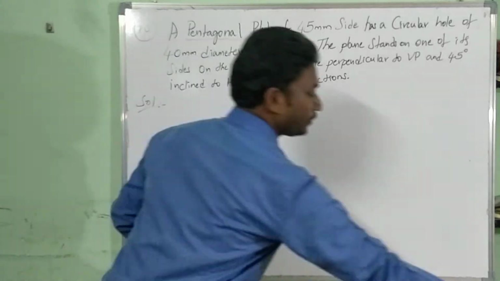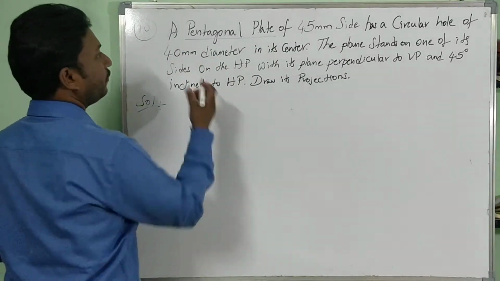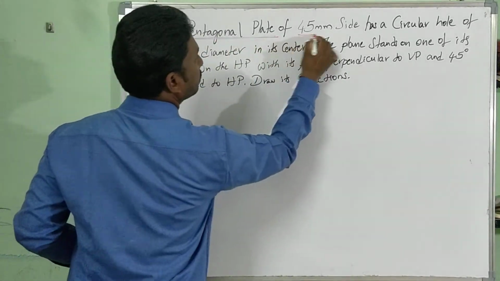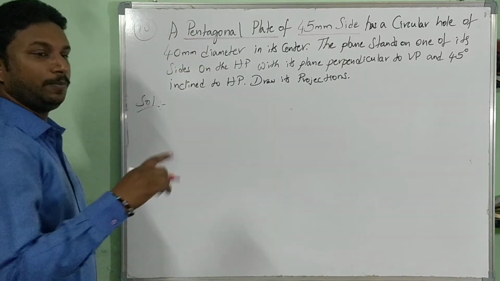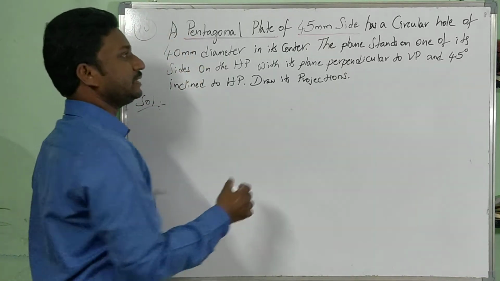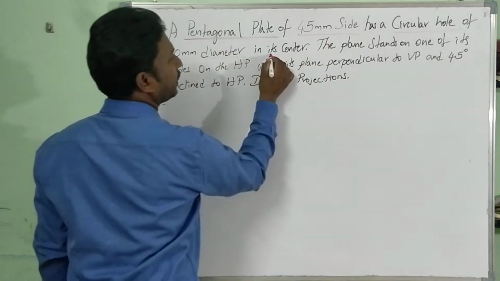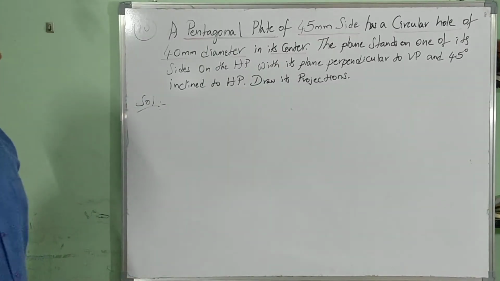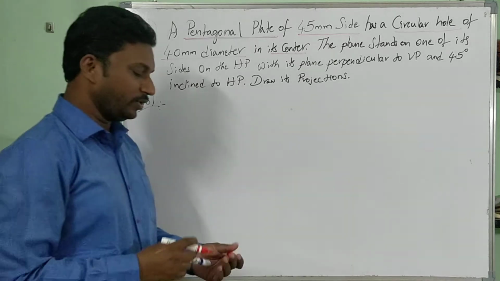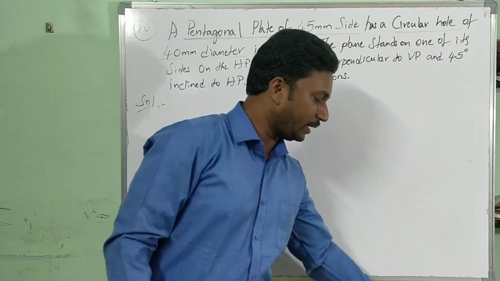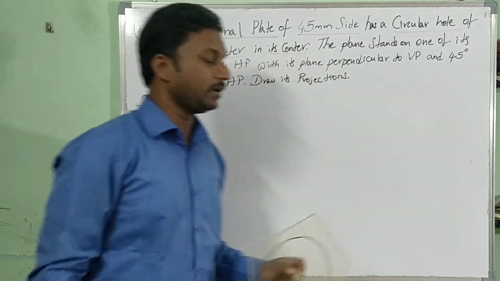Pentagonal plate of 45 mm side. Inside that we have a circular hole of 40 mm diameter at its center. See, we have a pentagonal plate, and in that pentagonal plate, again a circular hole.